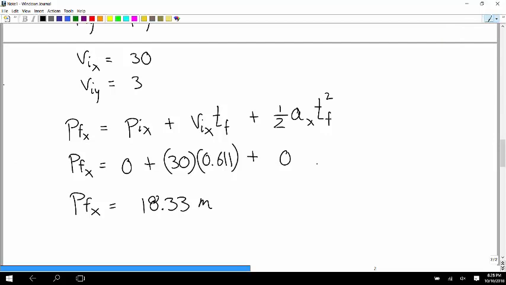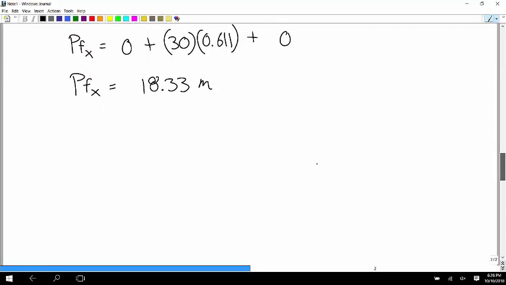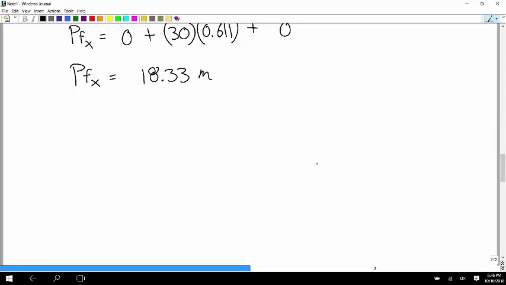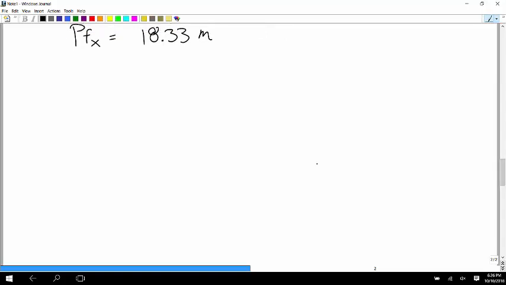Okay, so when you throw an object up in the cab of a car, to you, you're in the car, it just goes straight up and comes straight back down. But to somebody on the street who watches this happening, what's going on is, so your initial velocity vector has an x component of 30 meters per second and a y component of 3 meters per second.